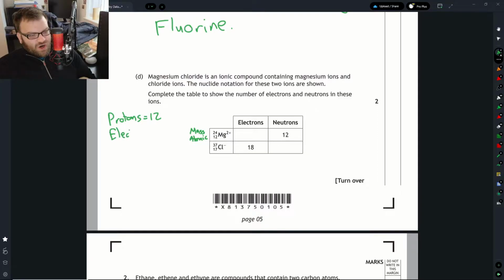If it was an atom, so uncharged, it would have 12 electrons. However, we are sitting at 2 positive. This means that we must have lost 2 electrons. Electrons are negatively charged. We have only got 10 electrons now.